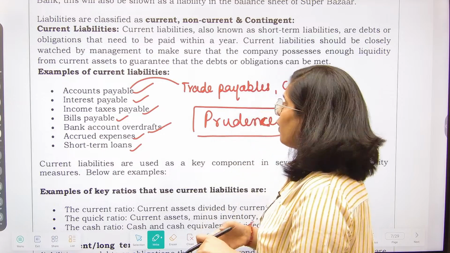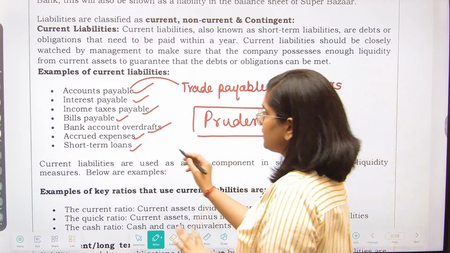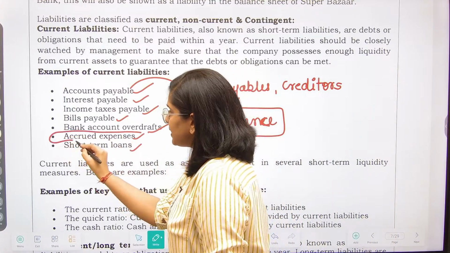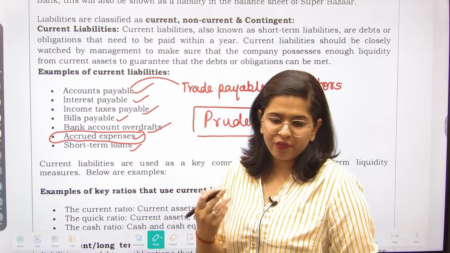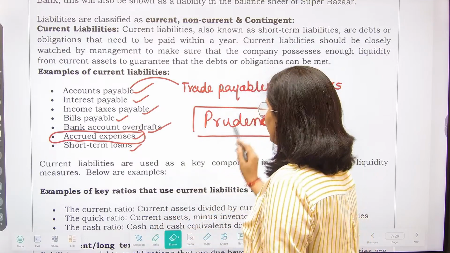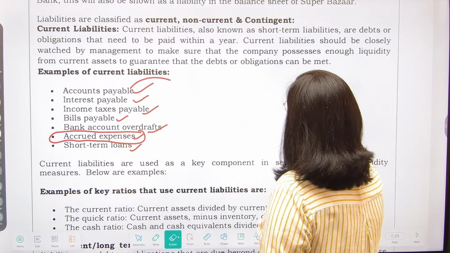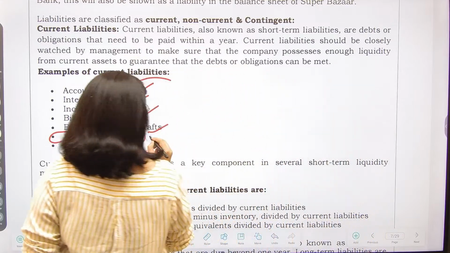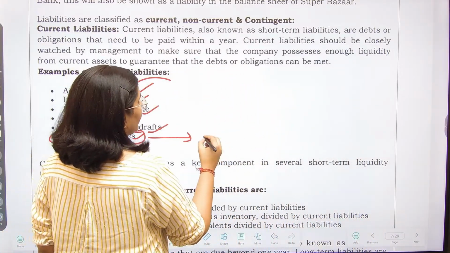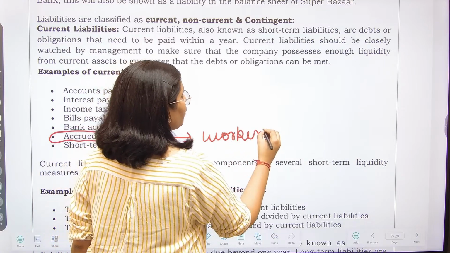Okay? Now let's move ahead and talk about accrued expenses. Accrued expenses means the expenses which have been incurred, right? For example, in my factory, there are workers who are working.